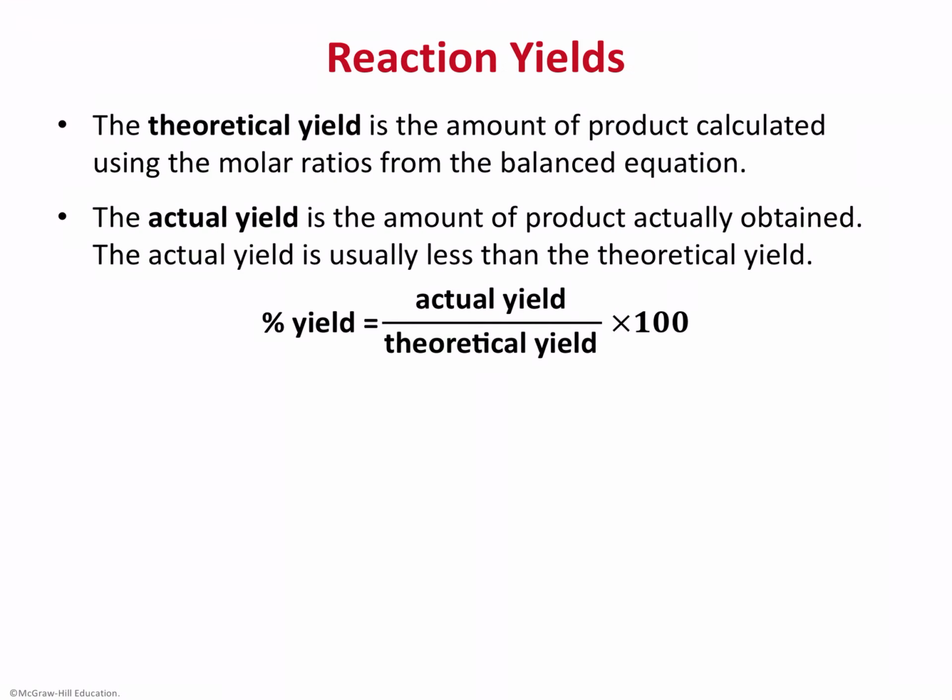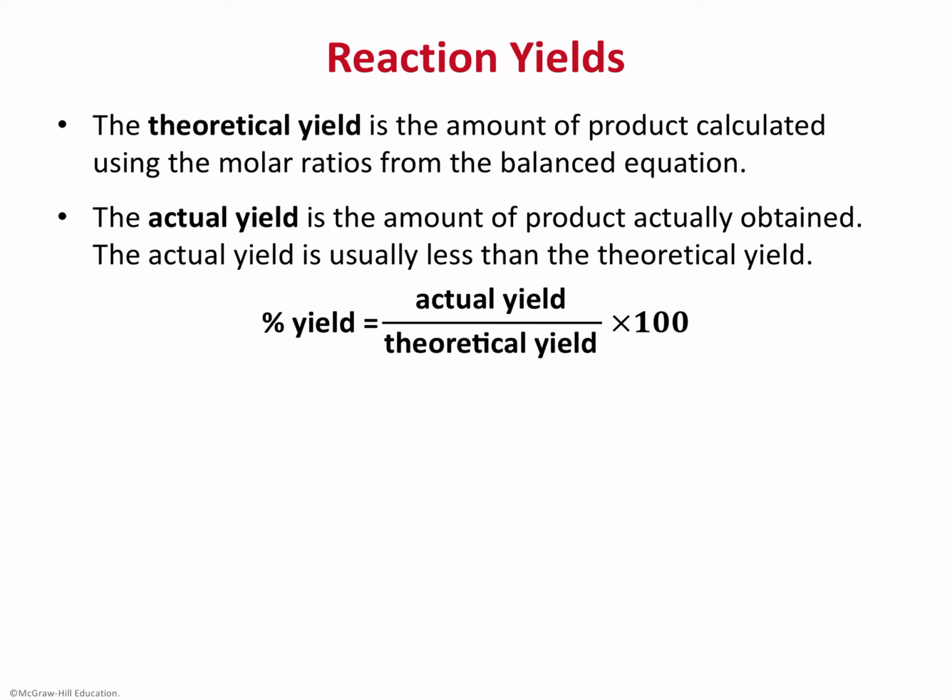Okay. Now the reaction yields. The theoretical yield is the amount of product calculated using the molar ratios from the balanced equation. Now, the actual yield is the amount of product actually obtained. Actual yield is usually less than the theoretical yield.